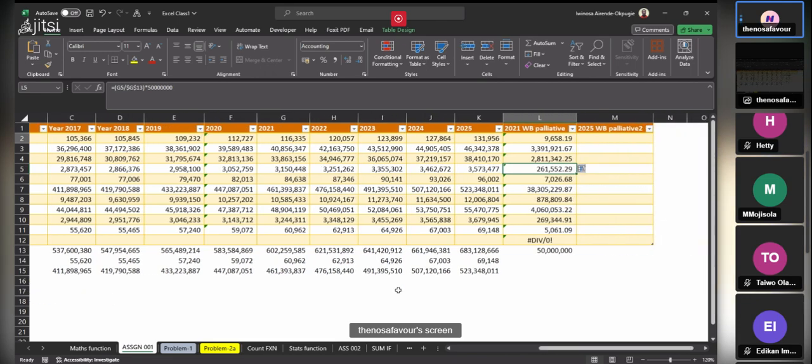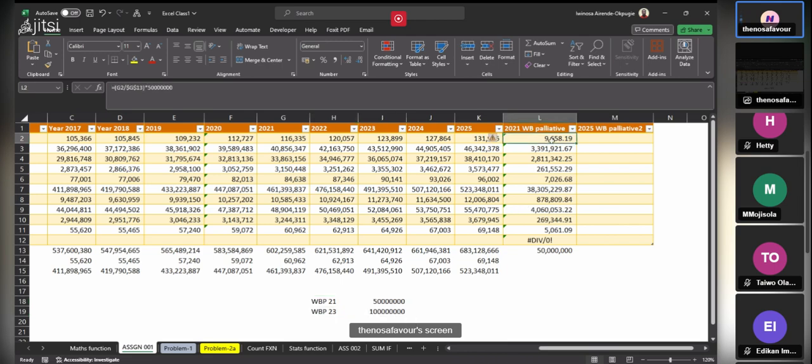She wrote something down here and she said WBP 21, and she came here and wrote 50 million, 1 2 3 1 2 3. All right, and then she came here and she also said WBP 23 rather, and she wrote 100, 1 2 3 1 2 3.